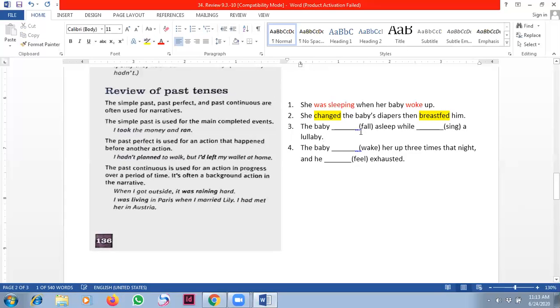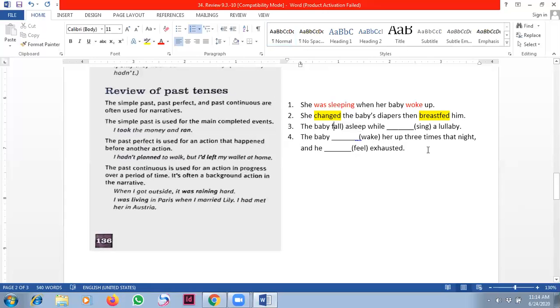Number 3: The baby fall asleep while sing a lullaby. Oh, this is something happening here. The baby fell asleep. Fell, double L, fell asleep while she was singing.